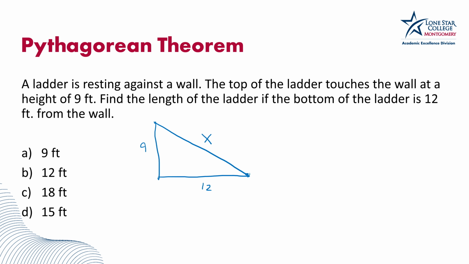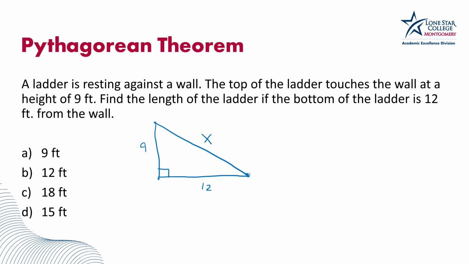So when we look at the shape, we see it creates a triangle. Specifically, it creates a right triangle because it makes a 90-degree angle on the bottom left right there. So we have to think about what type of formula is involved with a right triangle. If you look up there on the top, it says the Pythagorean theorem.